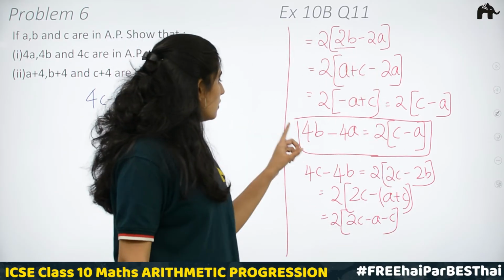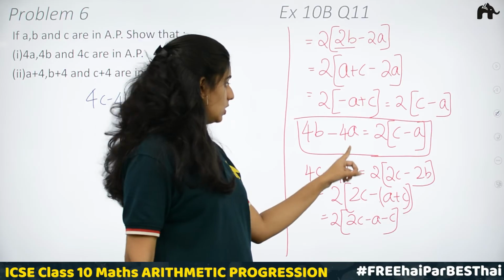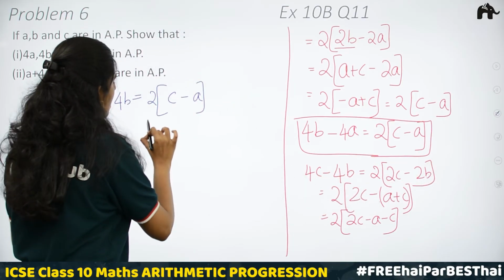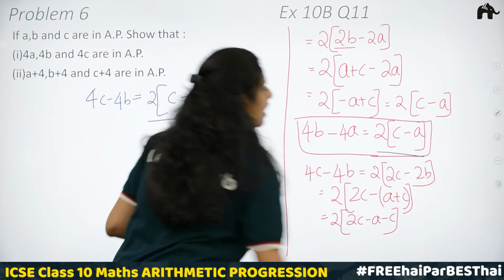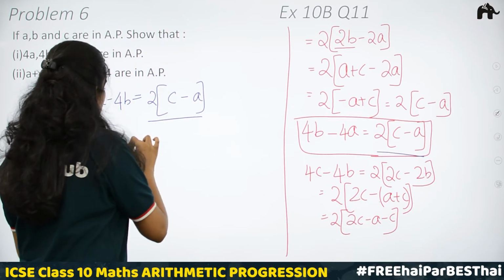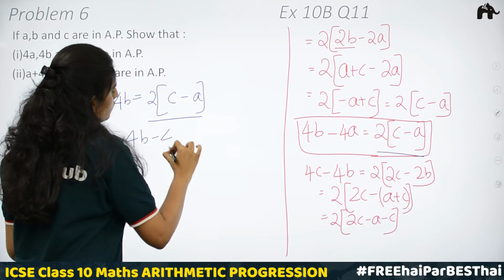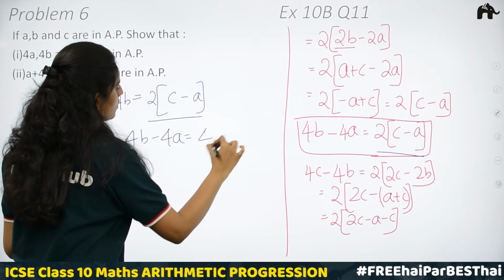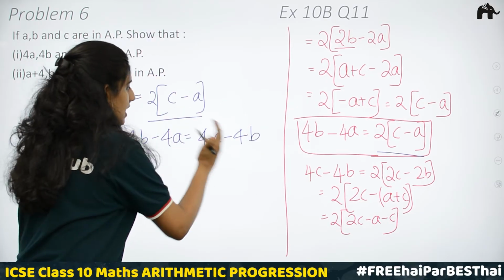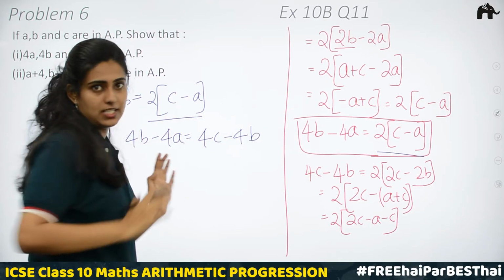Also, 4B minus 4A is equal to 2 into C minus A, which means here RHS are equal. Therefore, LHS should also be equal. We can write 4B minus 4A is equal to 4C minus 4B. From this we can conclude that here we have a common difference.